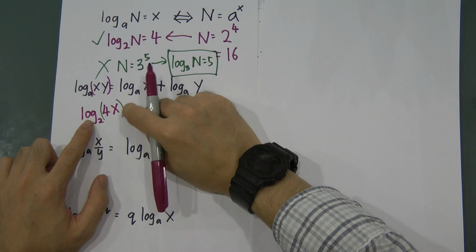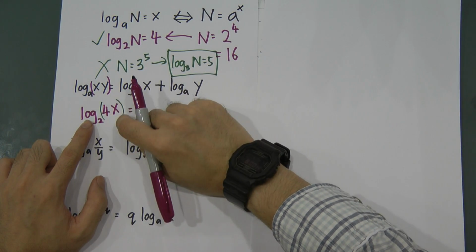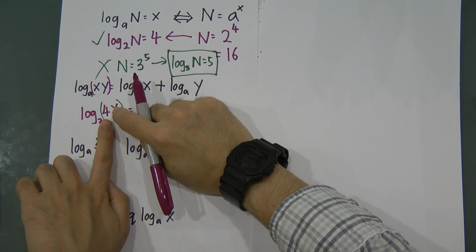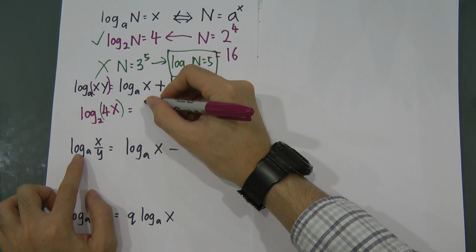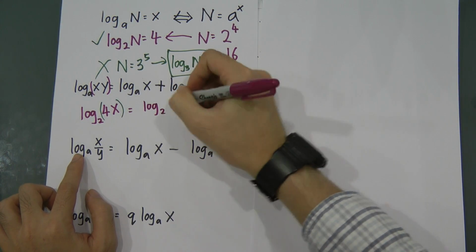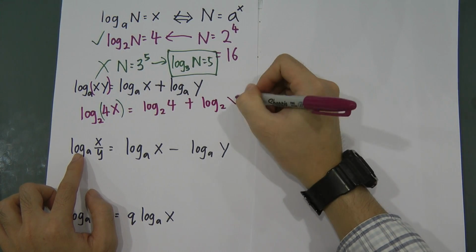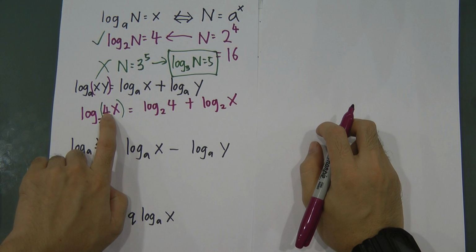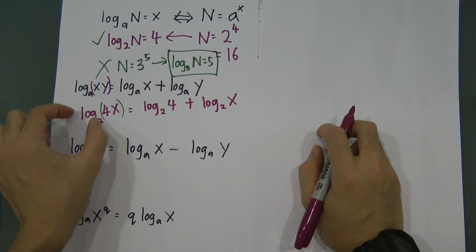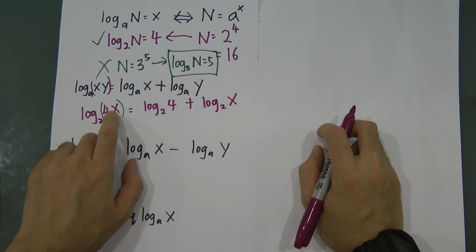If I expand this, the multiplication becomes plus inside the bracket. So I get log 2 of 4 plus log 2 of x.